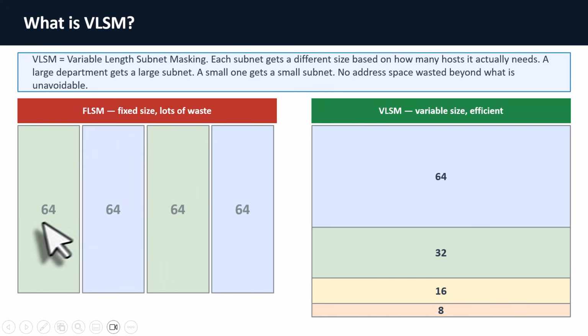With fixed length, we are giving all 4 departments, if it is a class C, 64, 64, 64. Whereas here in variable length, we are saying, wait a minute, we have our 4 departments, but here we have 55, maybe users. Let's give them this. Here we have 30. Let's give them this. Here we have 14. Let's give them this. Here we have 5. Let's give them 8. As you can see here, we have minimized the wastage of those host addresses in those different networks that we have created.